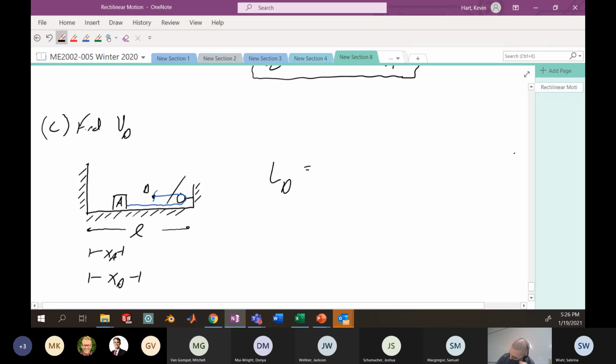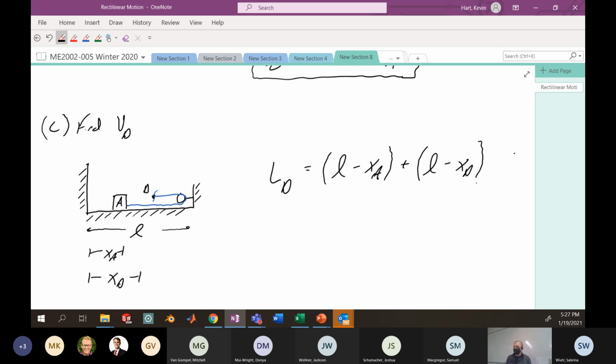Here we'll first be interested in this portion of the rope, this segment. And we'll say that that is that fixed length script L minus the position of A. And then this length of the rope here is that script L minus XD. You could come at it from the other direction if you want, but I'm just showing you some different methods here, some different strats, if you will.